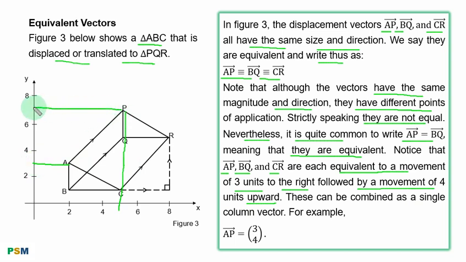The difference is 4. These can be combined as a single column vector. For example, vector AP is equal to the column vector with the entries 3 and 4. That is the right movement 3 and the upward movement 4.